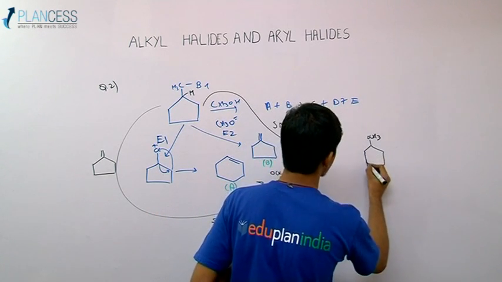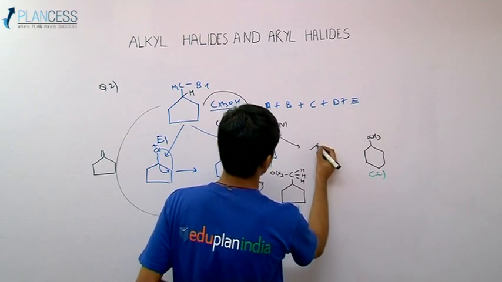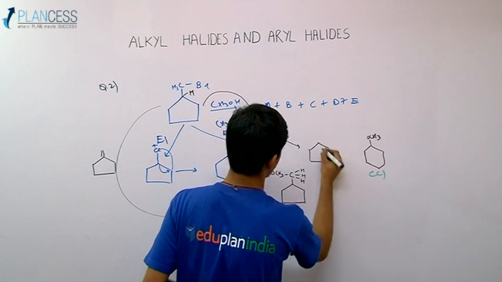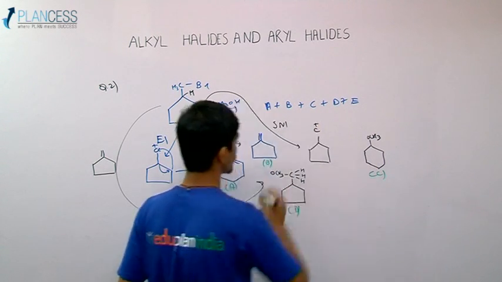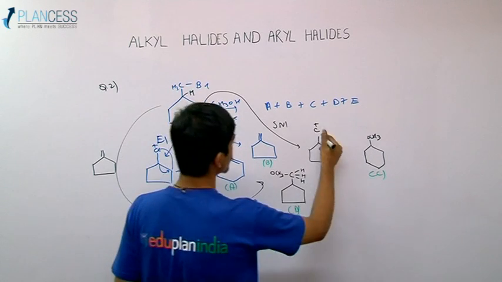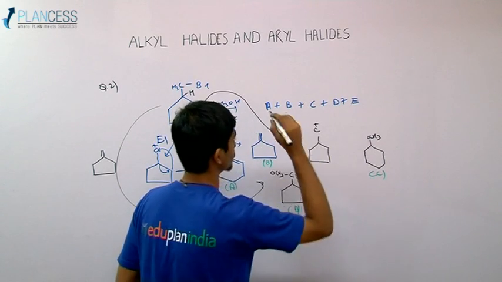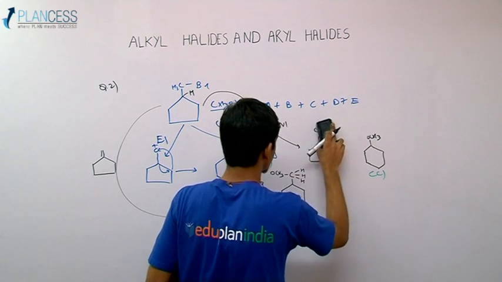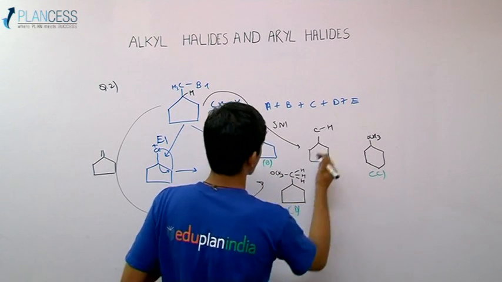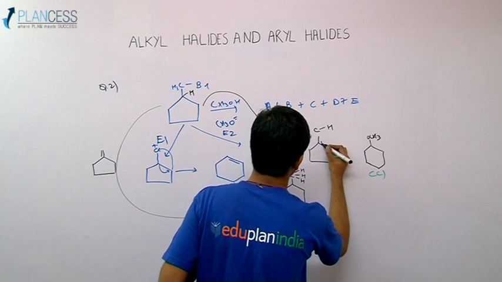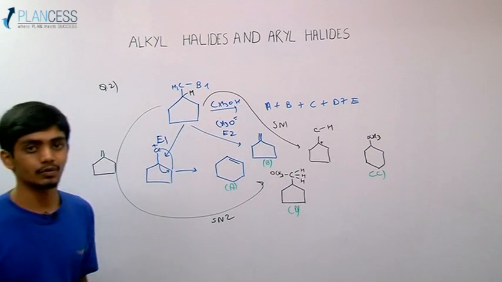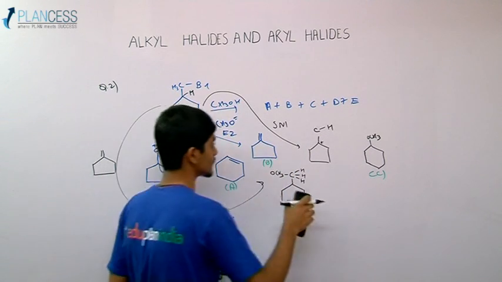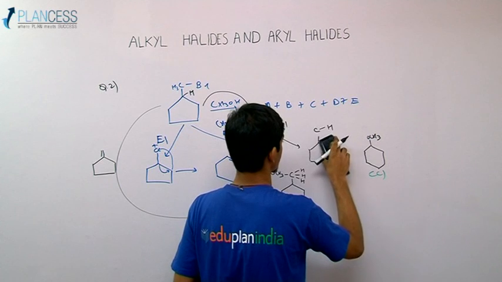This is correct, but this is a carbocation, C plus, and you just do a hydride shift over here. That is, this becomes CH3 and this becomes a carbocation over here. Now what do you get? Now what you get is an OCH3 over here.